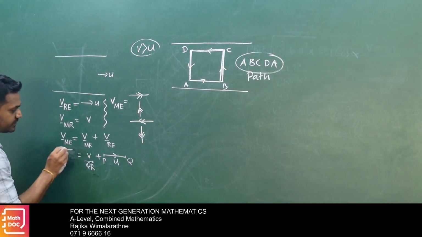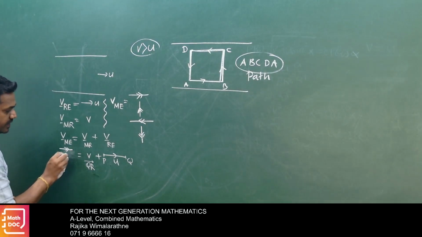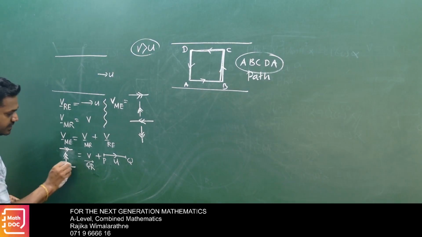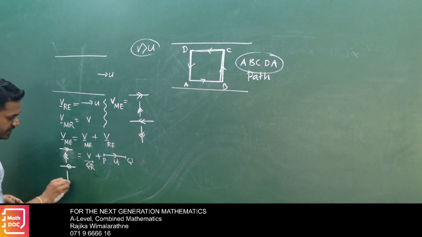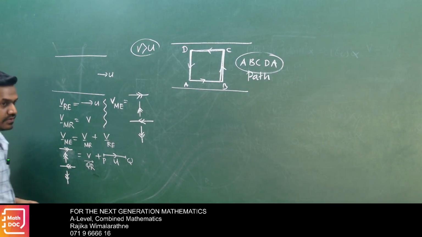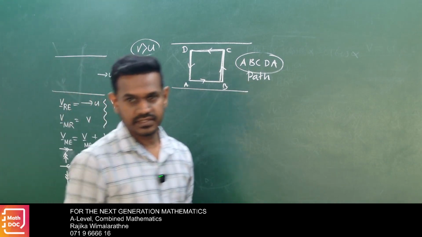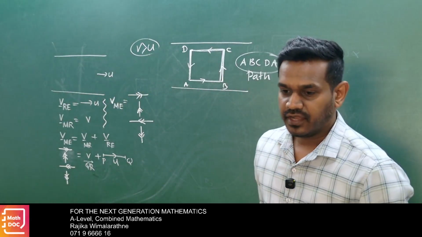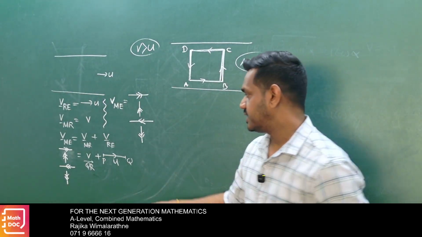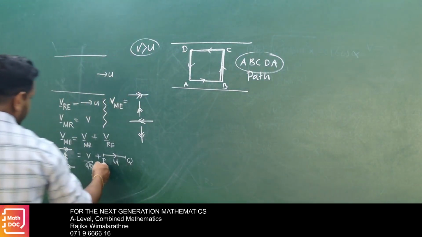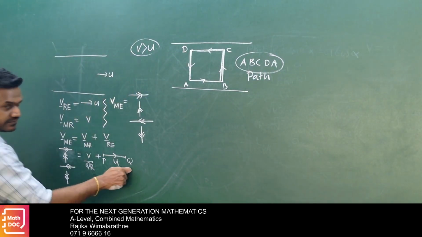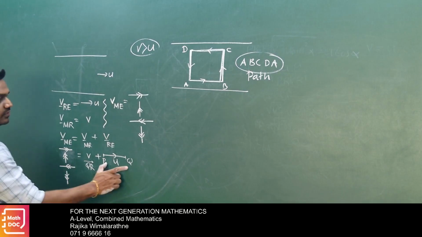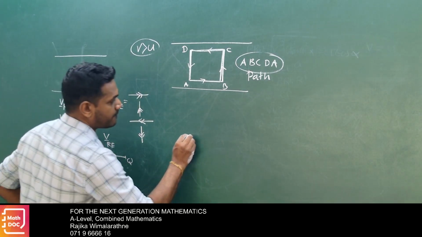Here first one, then second one, these are the vectors, here third one, and here fourth one. Now PQ, the velocity of the river, that is fixed, no? Then PQ won't change.